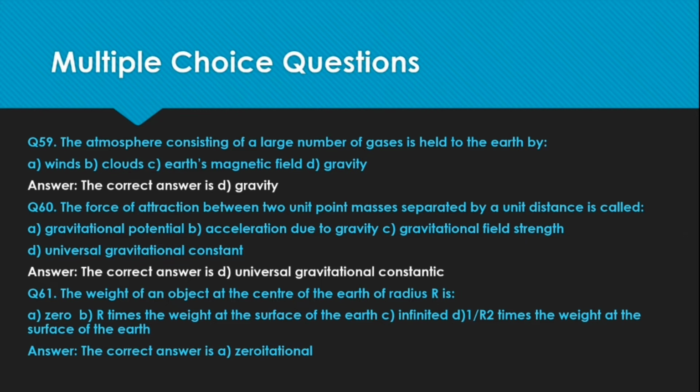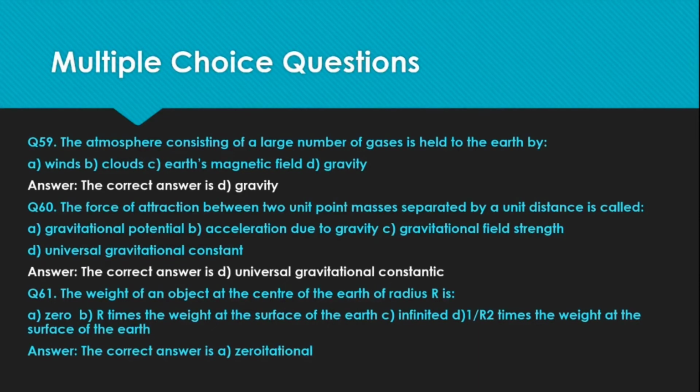Question number 60: the force of attraction between two unit point masses separated by a unit distance is called a) gravitational potential, b) acceleration due to gravity, c) gravitational field strength, d) universal gravitational constant. So the answer will be D, universal gravitational constant.